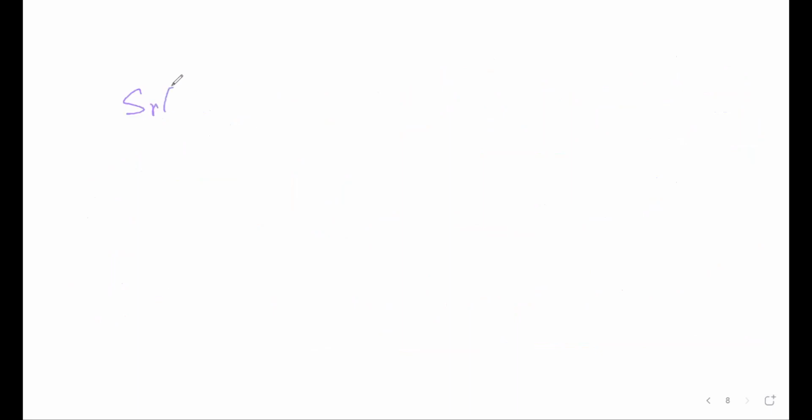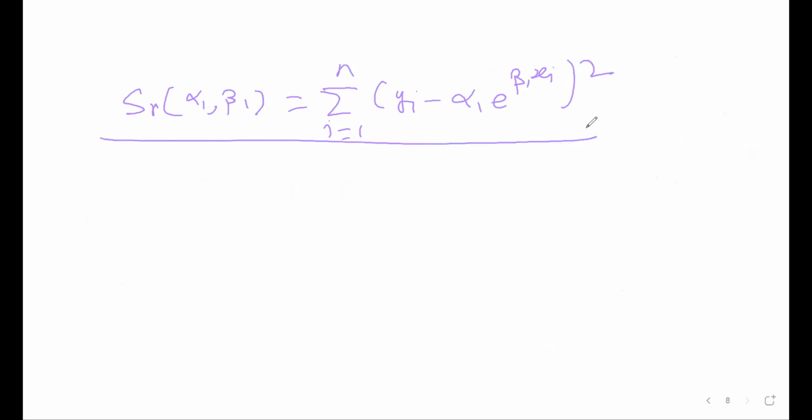You have our SR, which is a function of alpha 1 and beta 1, equal to sum i equal to 1 to n of yi minus alpha 1 e to the power beta 1 xi, squared. This is a function actually. In MATLAB, we have a built-in function called fminsearch.